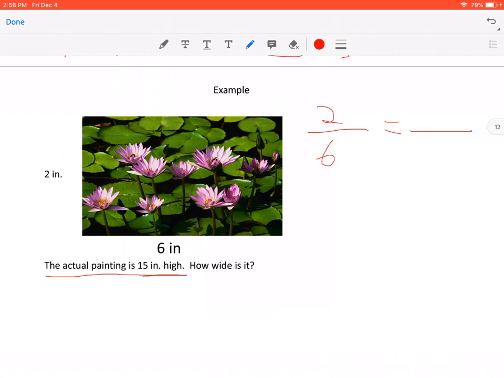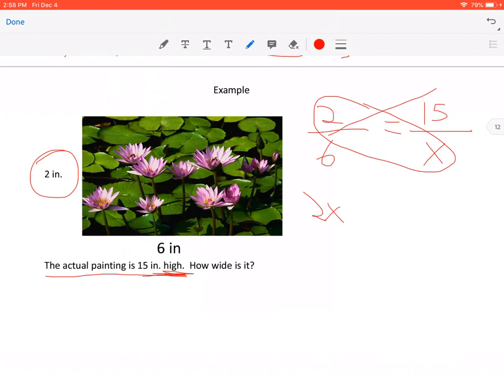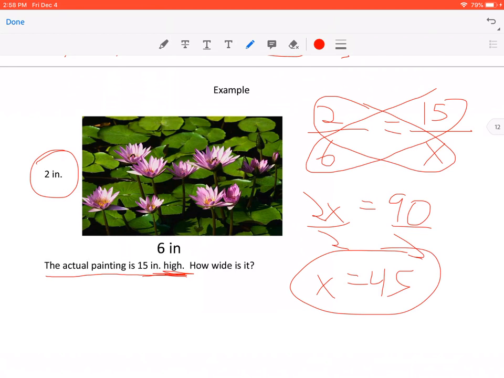Well, height was here, so 15 needs to go up top. I put height on the top and I put width on the bottom, so x goes here. So if we cross multiply, 2 times x is 2x. 6 times 15 is 90. And divide by 2, 90 divided by 2, x is 45. All right.